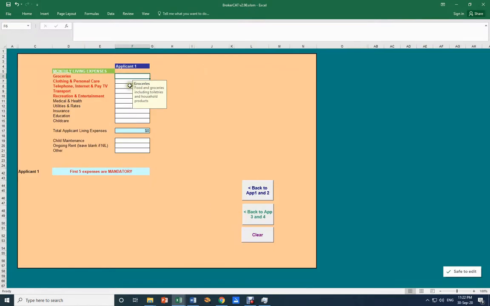We do need to do living expenses, that's mandatory. For a single person, I expect, say, $800 a month, because this is monthly living expenses. For groceries, say 150 for personal care, 150 for telephone, transport, say 500 for car, recreation and entertainment.